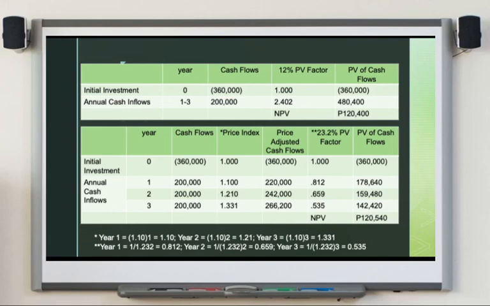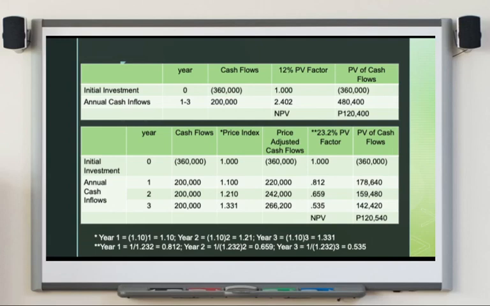Okay, and then adjust now the cash inflow with your price index considering the inflation rate. You will arrive at price adjusted cash inflows of 220,000, 242,000, and 266,200.